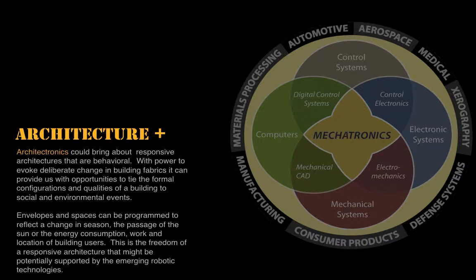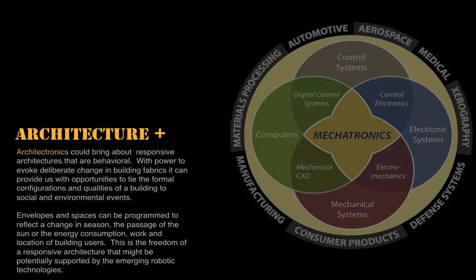And so architectronics could bring about responsive architecture, that are architectures that are behavioral, with power to evoke deliberate change in a building fabric. It can provide us with opportunities to tie the formal configuration and qualities of buildings to social and environmental events.